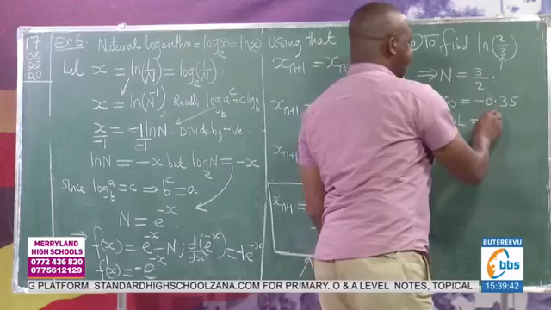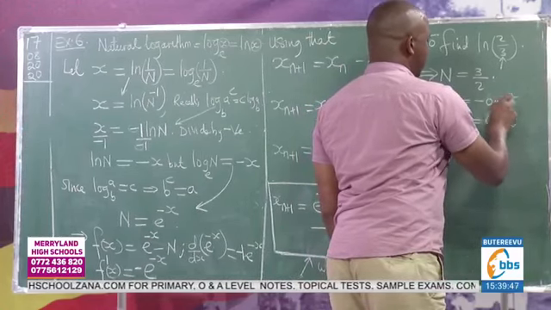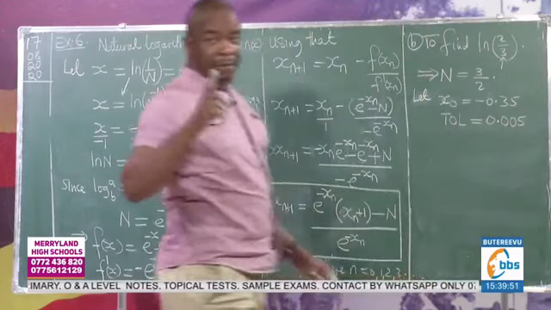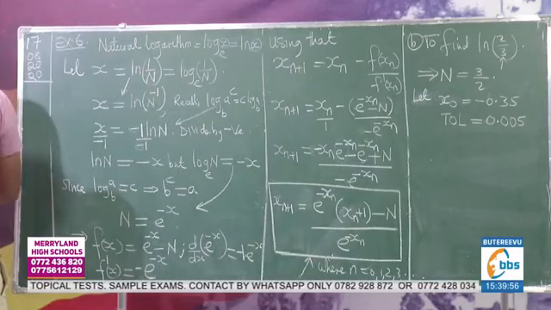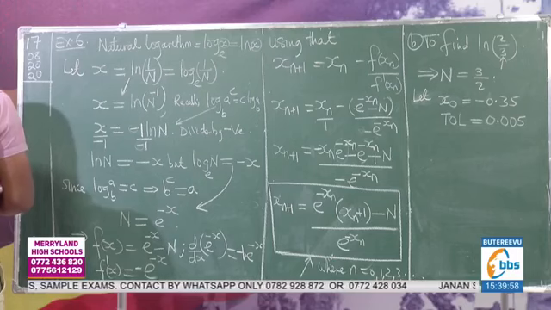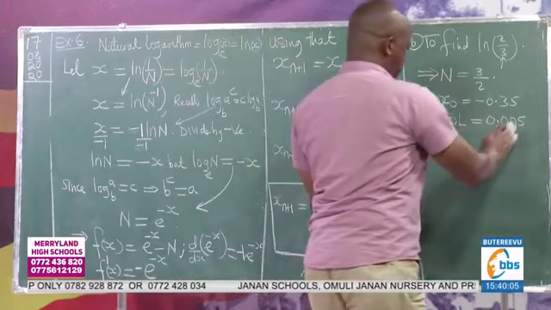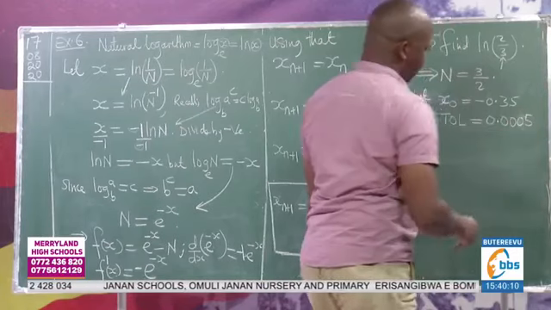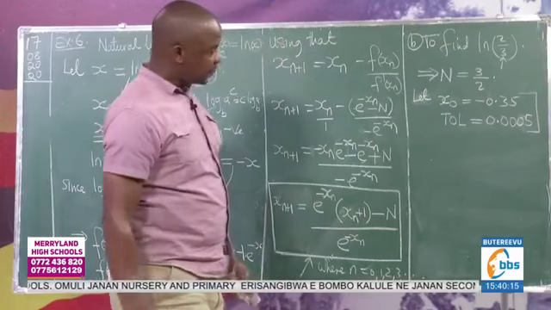I told you this becomes 0, that becomes 0, that becomes 0, and this is 5. That becomes the error in that number, 0.0005. They give a tolerance. These should have been given in that question.